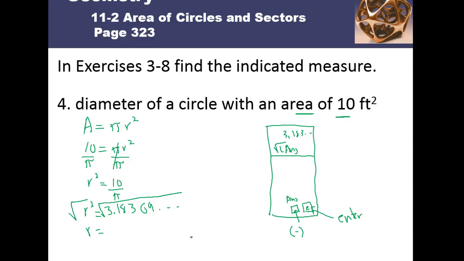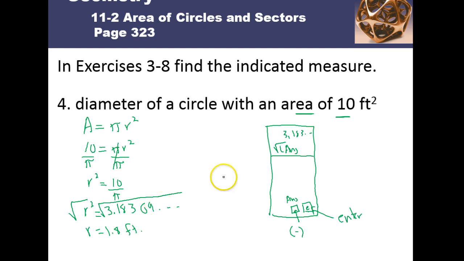You get 1.78, which would be about 1.8. So r equals about 1.8. And this was feet, but radius is measured not in square feet, just feet, so it'd be 1.8 feet.